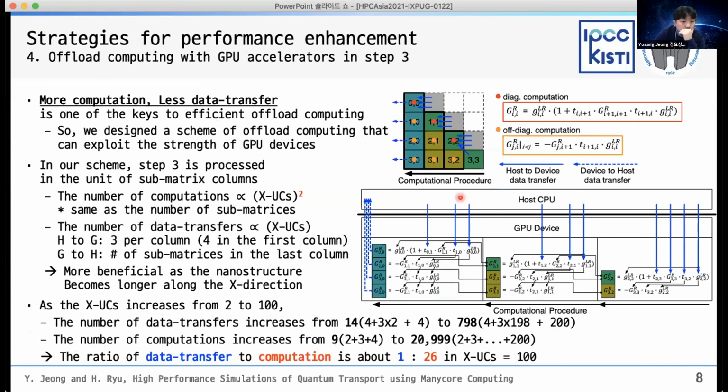As I mentioned here, the ratio of data transfer to computation is very low. I see. Even for the GPU plus KNL. Yes, this strategy is for offload computing.